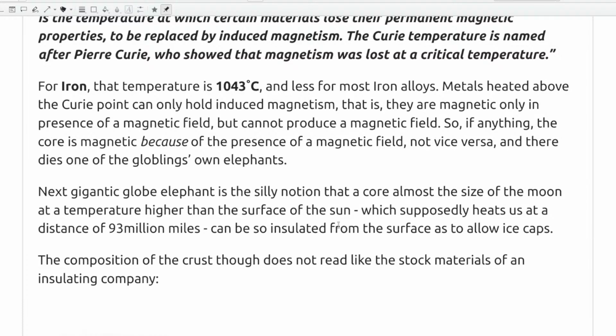Metal heated above the Curie point can only hold induced magnetism. That is, they are magnetic only in presence of a magnetic field, but cannot produce a magnetic field. So if anything, the core is magnetic because of the presence of a magnetic field, not vice versa. And there dies one of the globelings' own elephants.